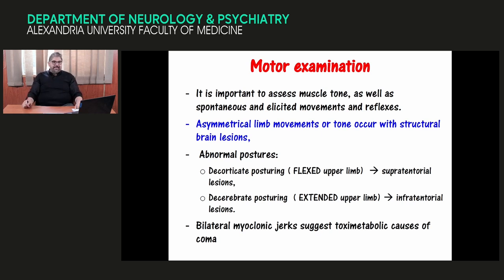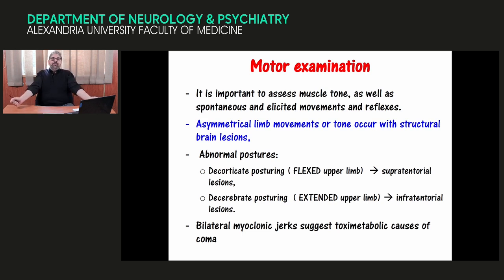coma. As we said, asymmetrical limb movements or asymmetrical muscle tone usually occur with structural brain lesions, and there are some abnormal postures indicating the state of coma. If the patient has a flexed upper limb posture, this is called decorticate posturing. It means that the cortex of the patient is detached from the other brain parts, and this is usually seen with supratentorial lesions.